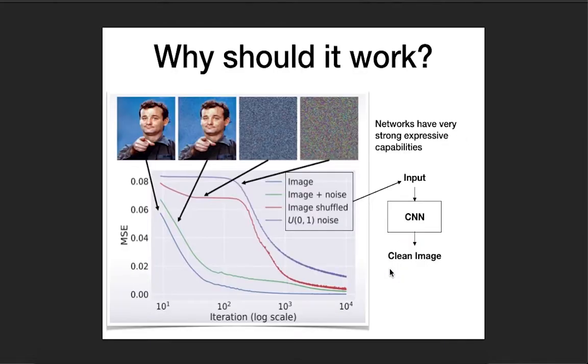So why should such a thing work? It's because of the following observation. Let's say my z was instead a clean image, and I'm reconstructing also a clean image. Then it is very simple for a neural network. It can express it really well, and you see that the convergence is really fast. If my z was instead x plus noise, then the convergence will be a little slow, but still it will be able to converge to something meaningful.